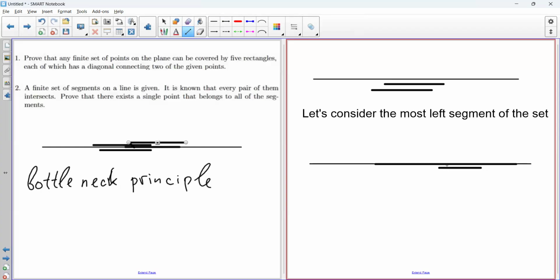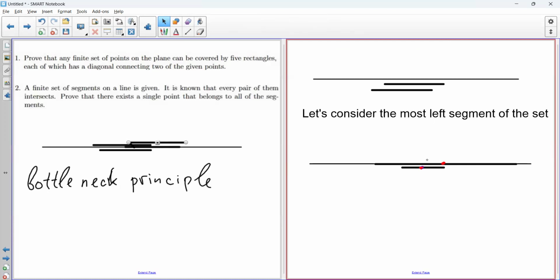So for example, here, the most left segment would be this one, right? With this definition. And this one also makes much sense to consider as the most right one. Let me change this so that it is coherent with the phrase.